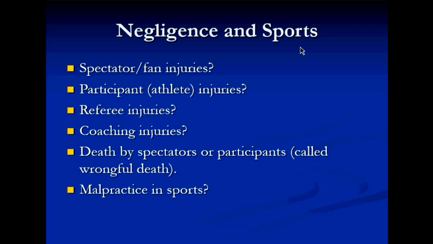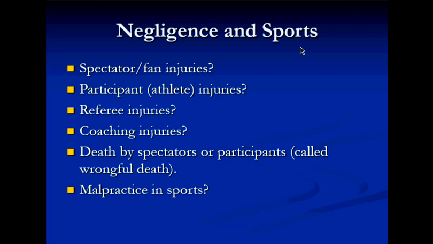And then you also have malpractice in sports, where you have doctors or trainers. Let's say, for instance, a player has an injury, and the trainer says, oh, you're fine, you're okay to play. The player goes and plays, and whatever this injury was becomes worse because of it.